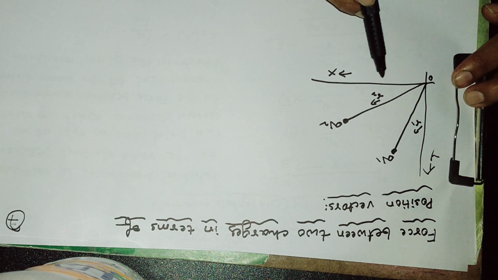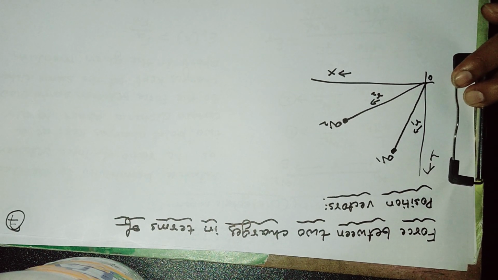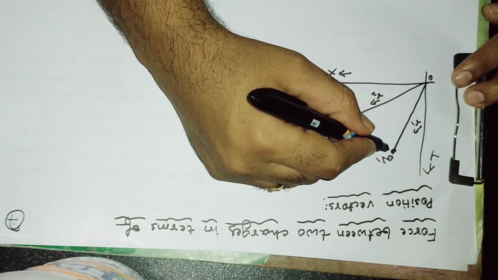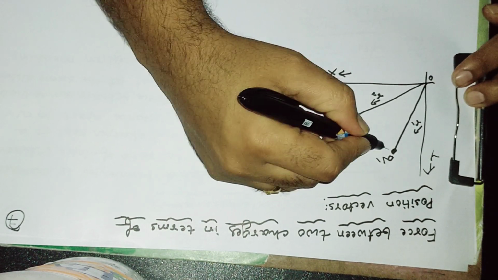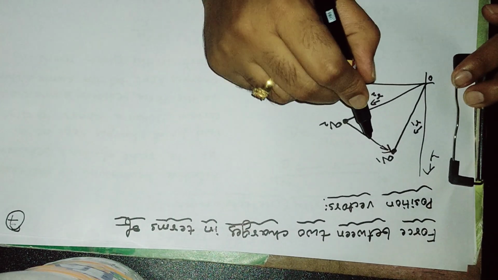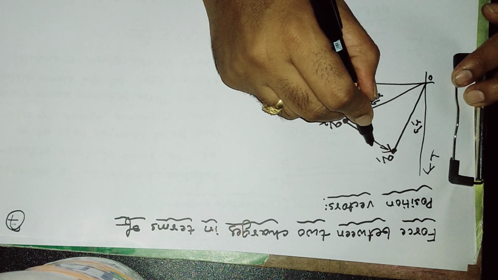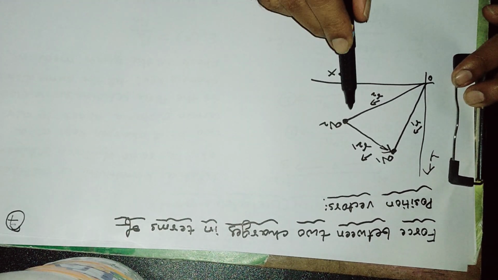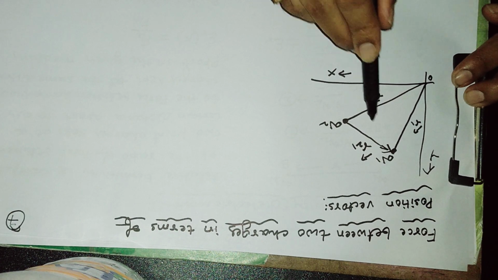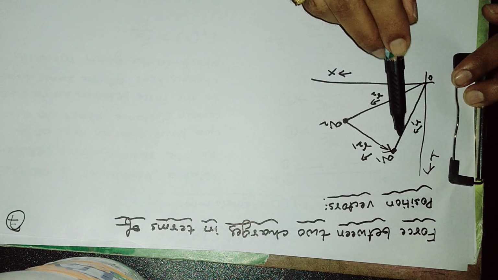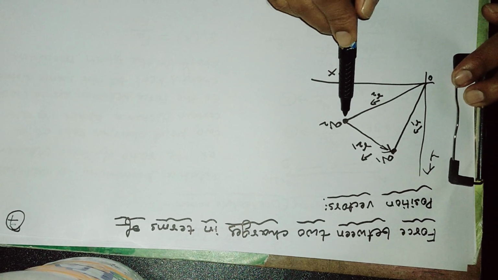So you know that q1 is being repelled by q2. So I can represent that force. See, this will be the direction of the force. I will represent it in terms of a displacement vector r21, a vector directed from q2 to q1, because, I repeat, this is the direction of the force acting on q1 due to q2.